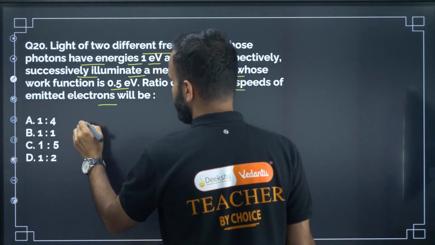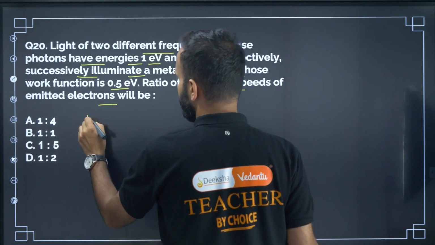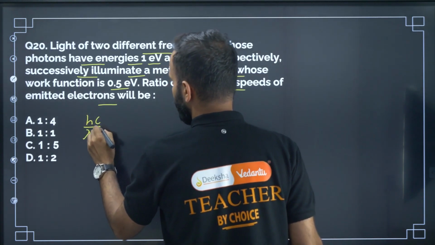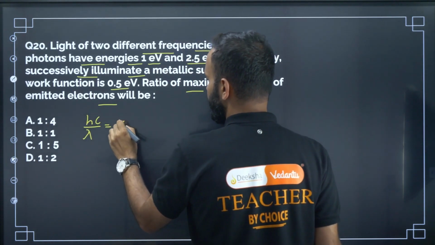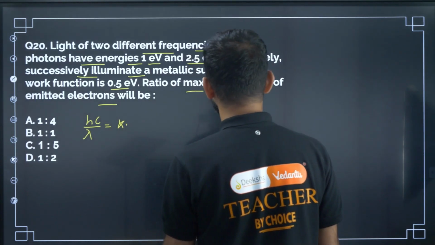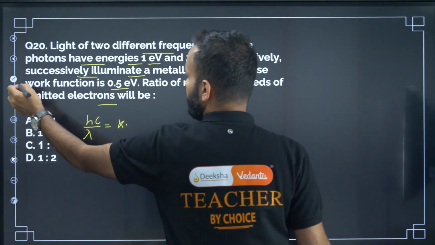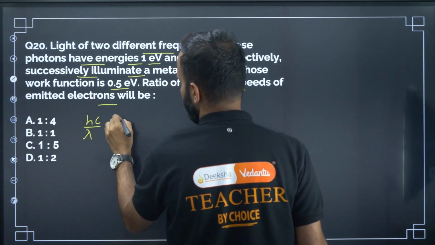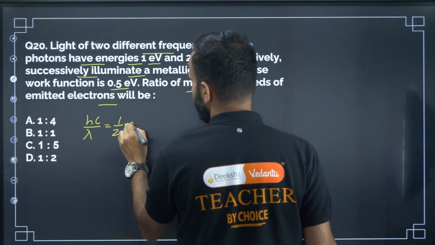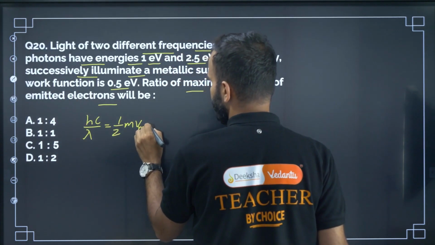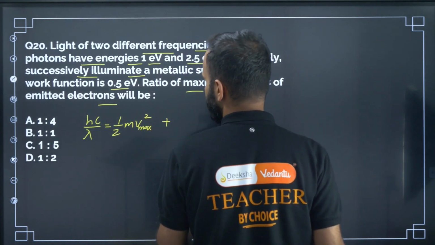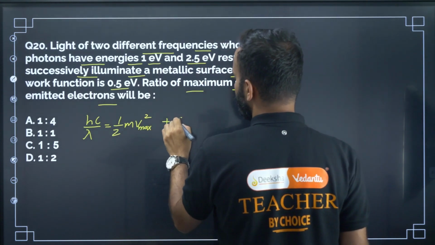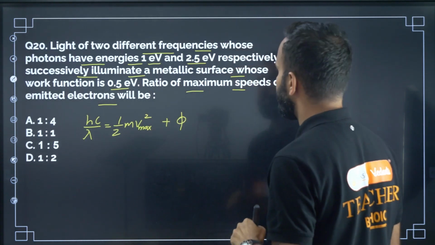The photoelectric equation is energy of the incident photon, that is hc by lambda, is equal to maximum kinetic energy of the photoelectron, right? So maximum kinetic energy of the photoelectron is half m v max squared, plus work function phi, right?